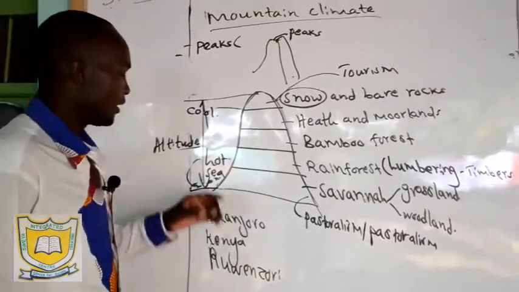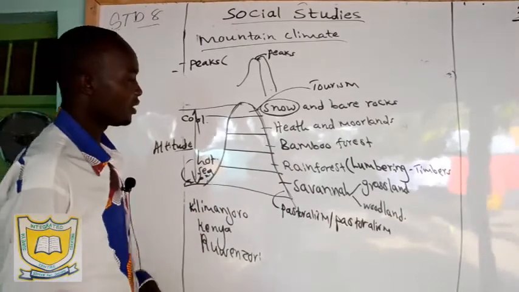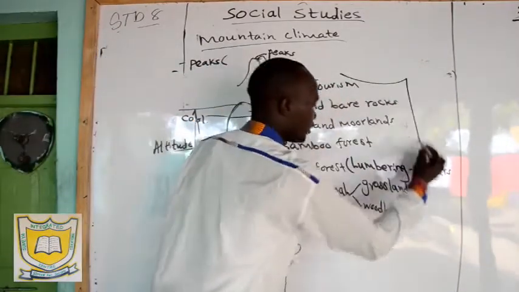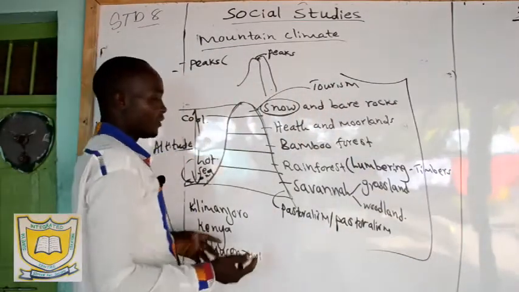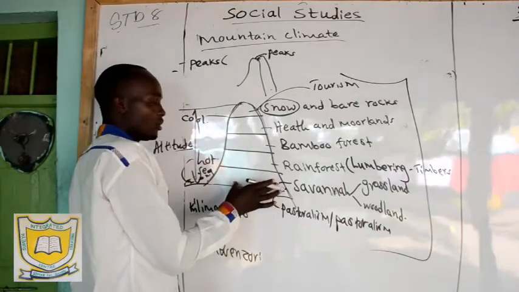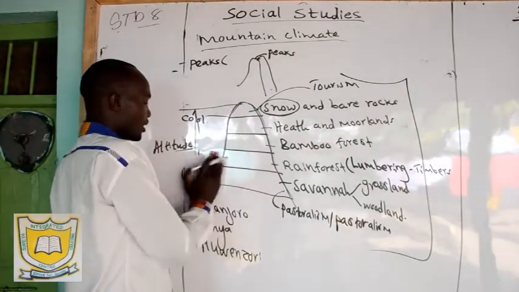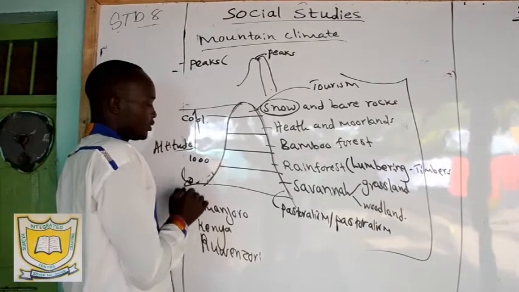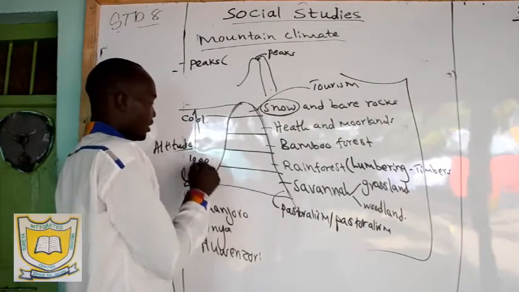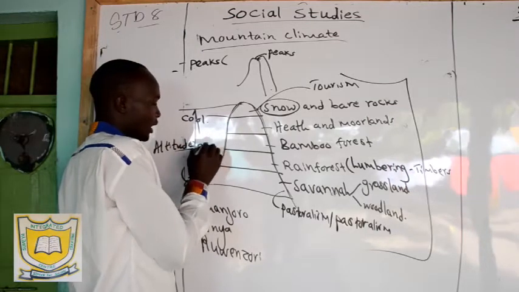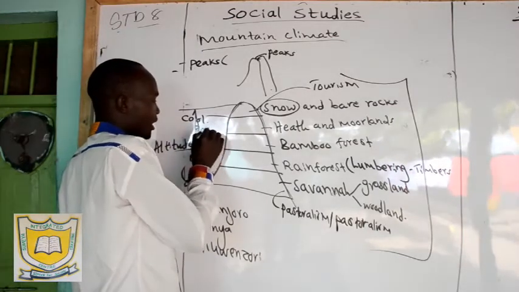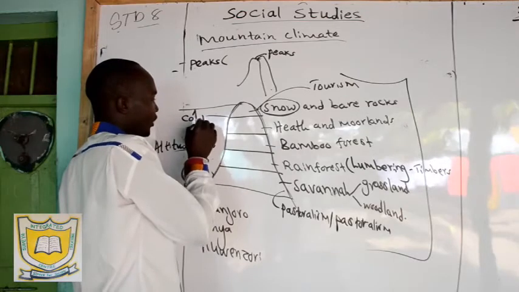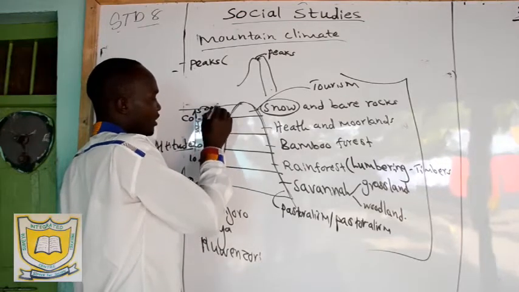Now, the main factor influencing this vegetation distribution, at this level, maybe we started from 0 here to 1,000 is savanna, 2,000 another vegetation, 3,000 meters above the sea level another one, 4,000 to 5,000 meters above the sea level.